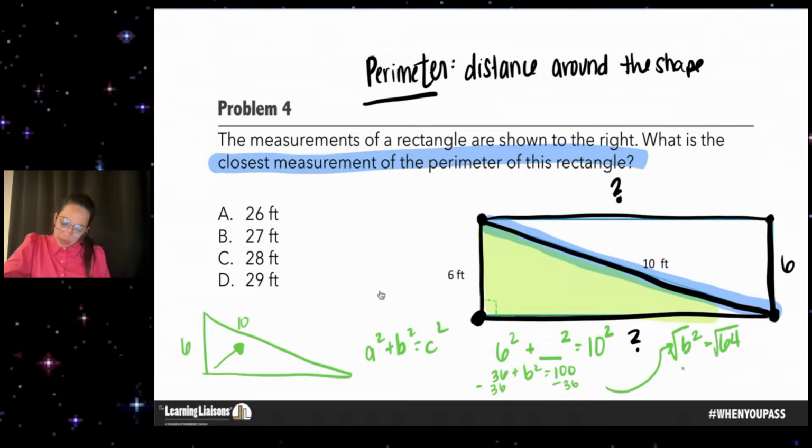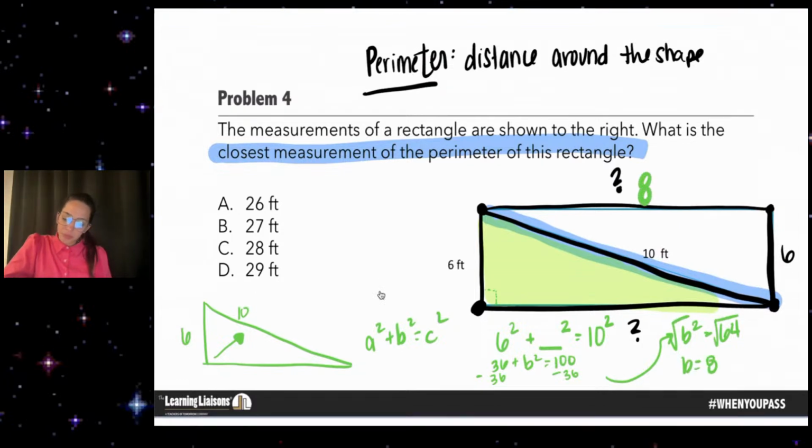Square root both sides. B equals 8. So that means that this side is 8 and this side is 8. And then I can just do 8 plus 8 plus 6 plus 6, which equals 28.